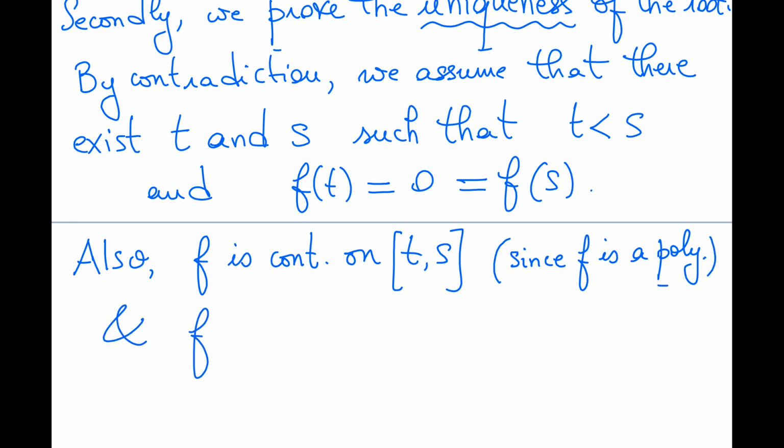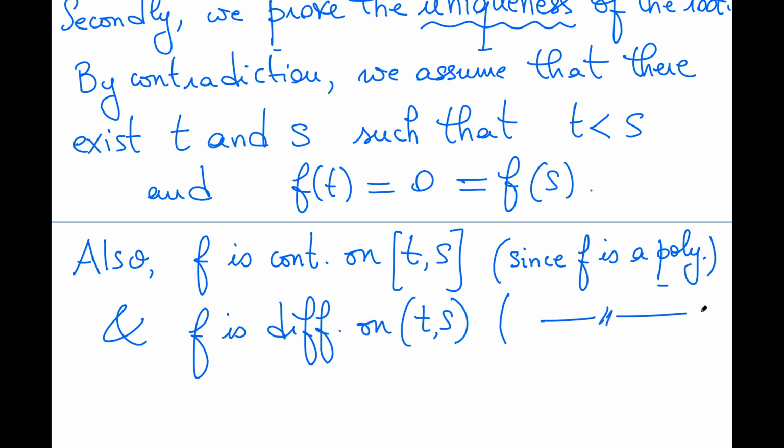And f is differentiable on the interior of the closed and bounded set, so in the open set (t, s). Sorry about that, (t, s). Again, since f is a polynomial.